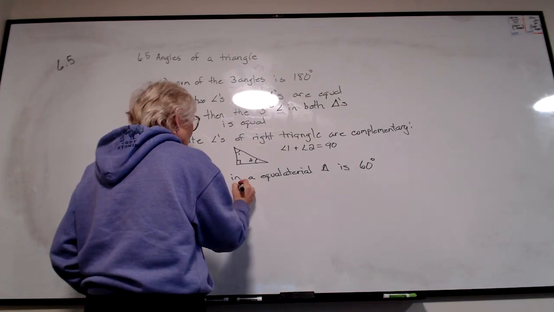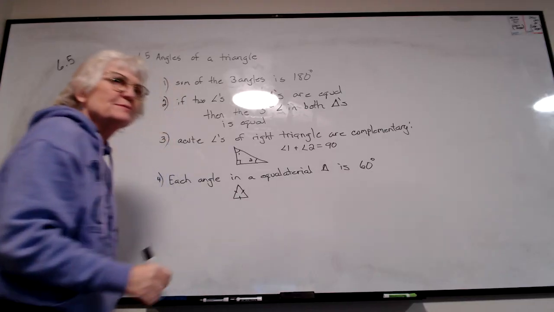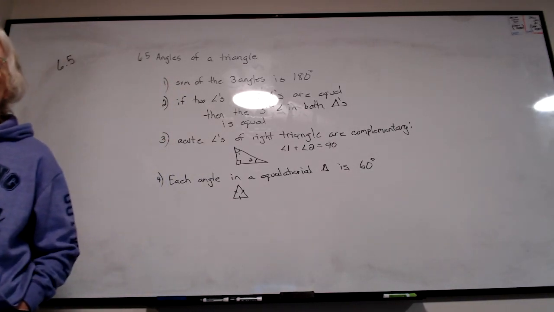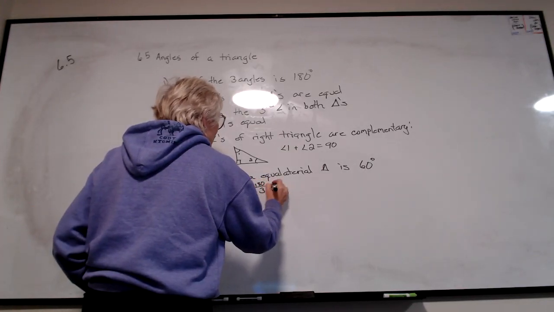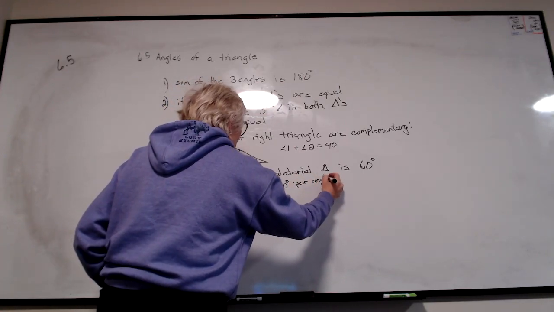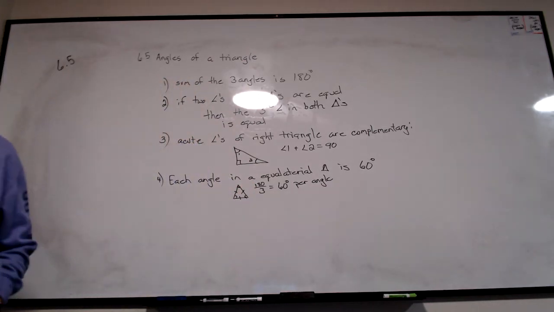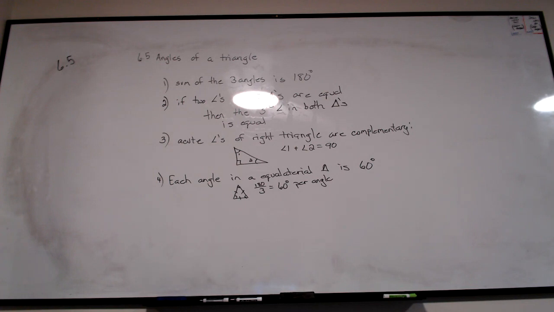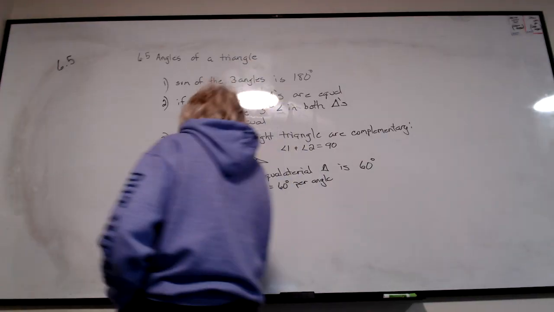Because if it's equilateral, we know all the sides are the same, which means all the angles have to be the same. So therefore, 180 degrees divided by 3 is 60 degrees per angle. So anytime you see an equilateral, you know that all the angles are 60 degrees.